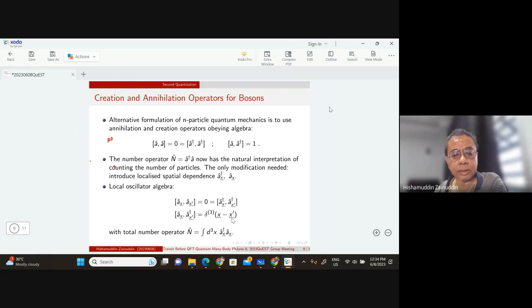If it's not, then it will be 0. So for x and x dash being different, the commutator of a and a dagger will be just 0.